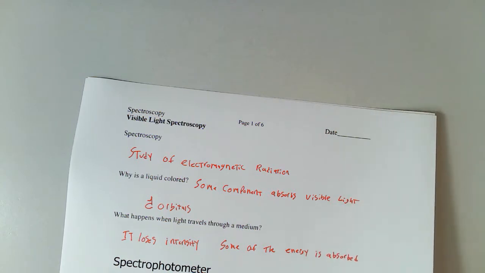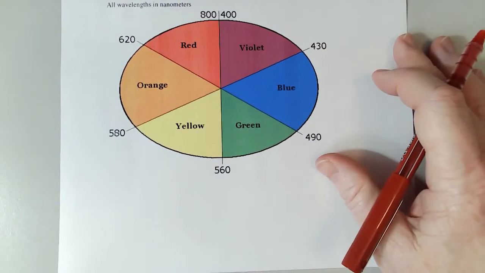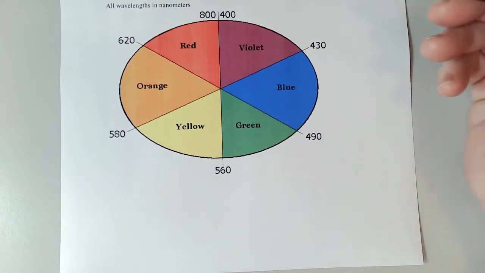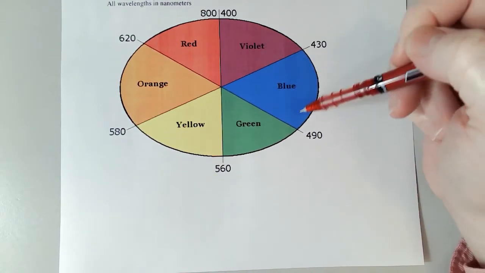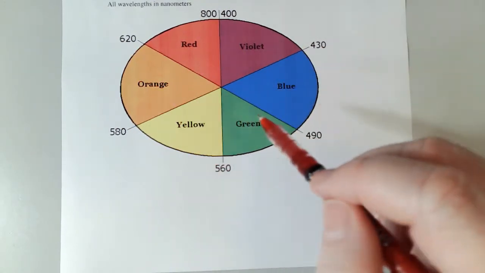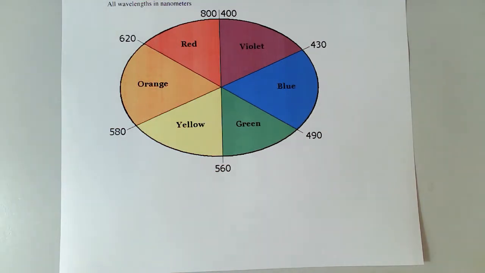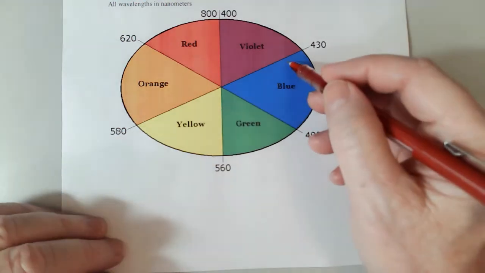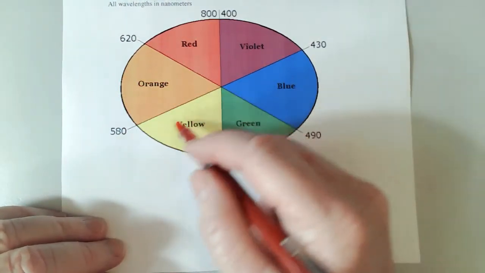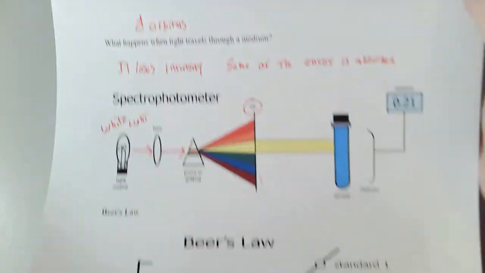Now, this is not a good example of a color wheel because of limited skill with the computer. I've got all the same color, all the same color, all the same color, but this would fade one into the next, kind of bleed together. So actually, if you just open up the control panels on your computer, you can probably find a good color wheel. So it turns out that this blue has a complementary color of yellow. Okay, that's what it absorbs the most.